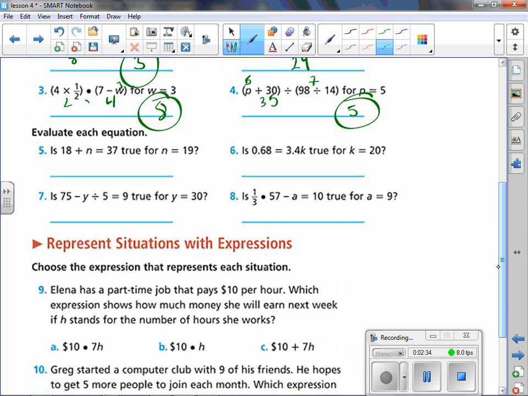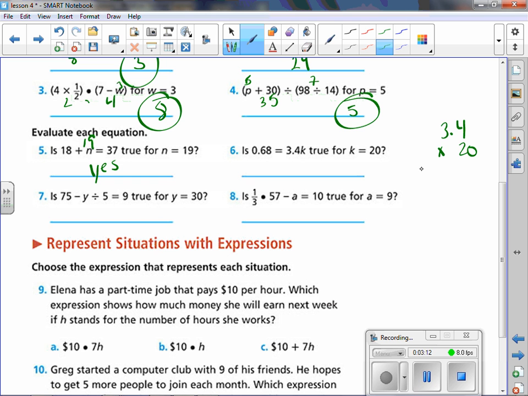We're going to evaluate each expression. Is 18 plus n equals 37 true if n is 19? Is that 37? Yes, 18 plus 19 is 37. Is 68 hundredths equal to 3 4/10 times k if k is 20? 3 4/10 times 20 is how you would figure out whether this was accurate or not. 3 4/10 times 20.